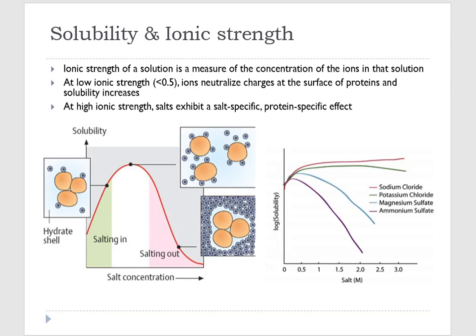So these are different salts. Here, ionic compounds. So the ionic strength of a solution is a measure of the concentration of the ions in that solution. The concentration of the salt, for example. So we can change ionic strength by changing the salt concentration. So when we change the ionic concentration, the solubility of the proteins will change.